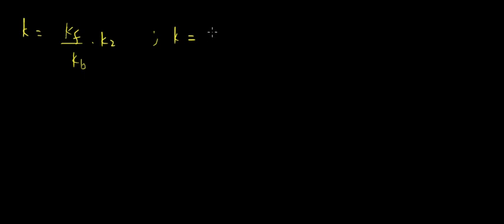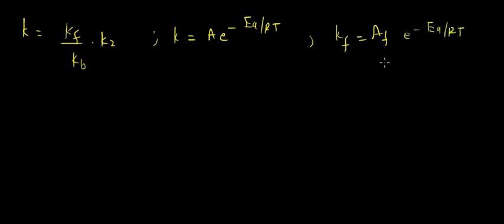So we can write K as equals to A e to the power minus Ea upon RT. We can write Kf as Af e to the power minus Ea upon RT. This is Ea for forward direction, so this is EaF rather. Let me write it again.